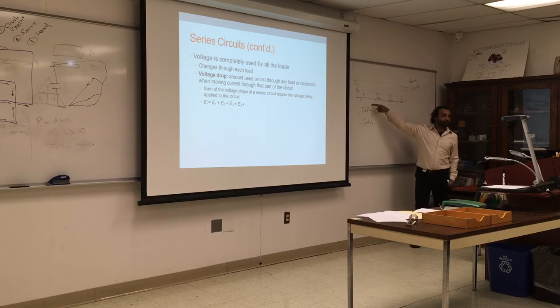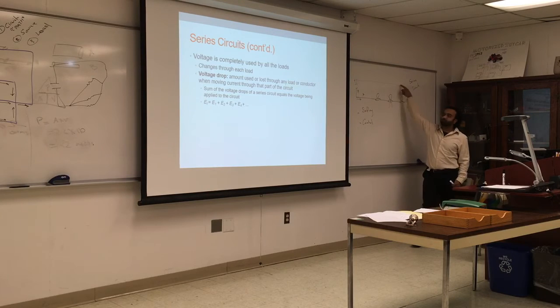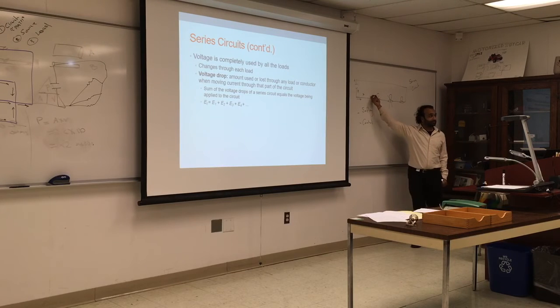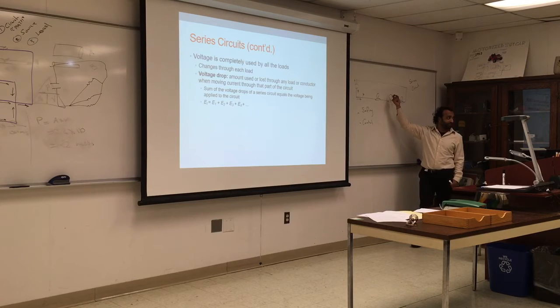What would happen to the current going from here to here, from here to here? It's going to continue to flow, staying in continuous flow. Are we the same? Yeah. If I put a clip on this for amperage, it's going to be the same. If I clip it here, it's going to be the same. If I clip it here, it's going to be the same.